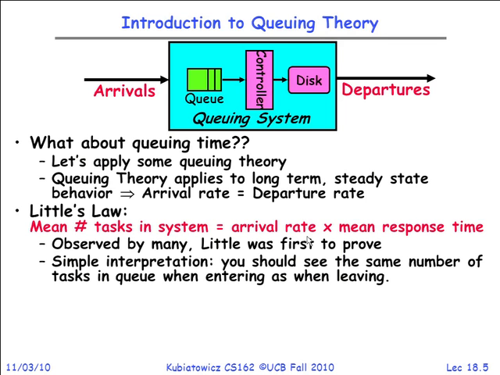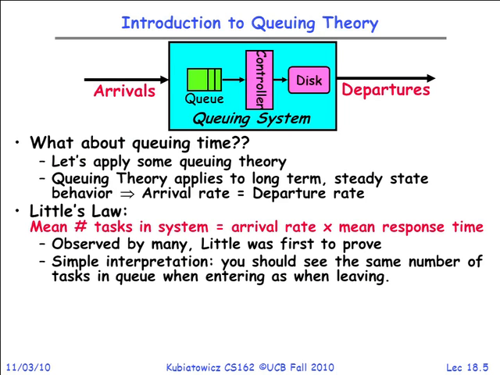If I multiply those together, it means that when I came in, there were so many people in front of me, and as I go through the line, when I turn around and look, there ought to be the same number of people behind me. How many people behind me was the time I waited times the rate at which they come in. So that's actually not too magic. Is everybody with me? I take the rate at which they're coming through the door times the amount of time I waited in line, and that ought to equal the number of people in line.